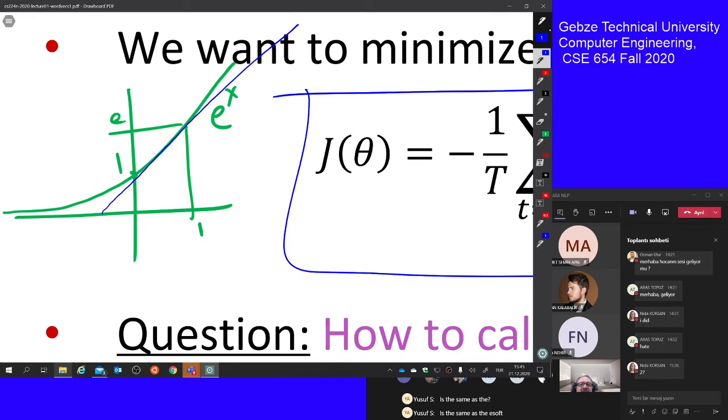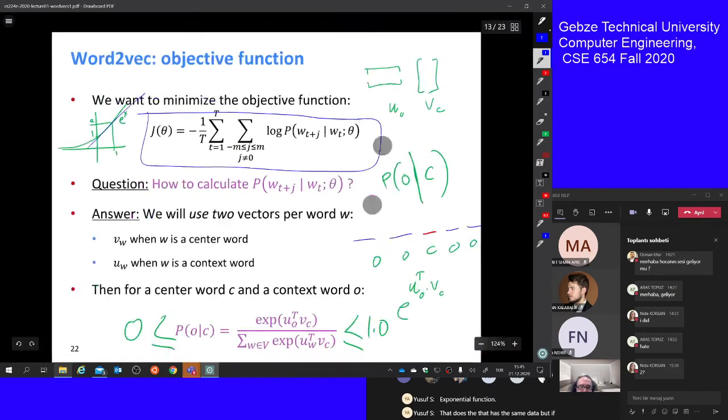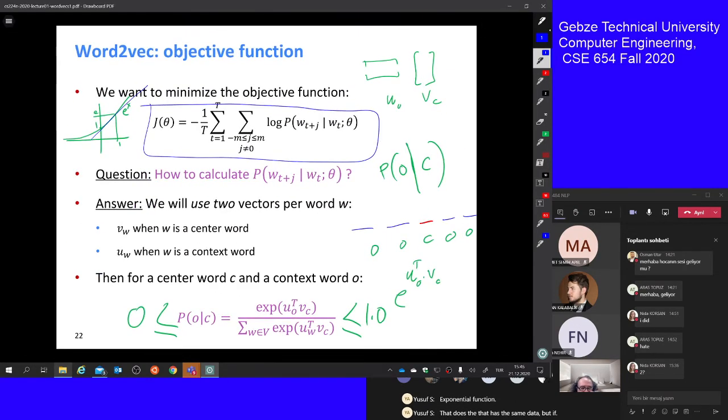That's why we say that the derivative of e to the power x is the same thing. E to the power x is the only exponential function that has the same derivative. Okay, good.